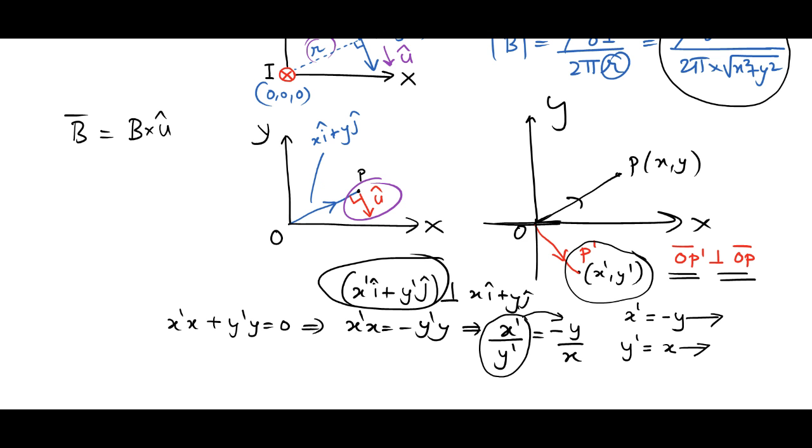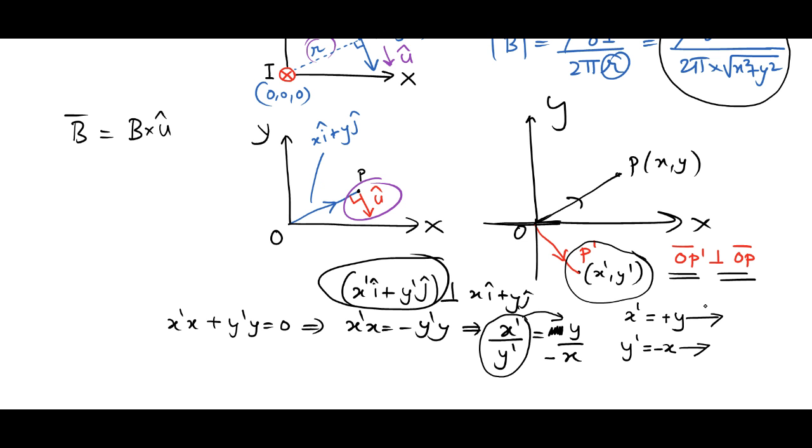So maybe I've gone wrong somewhere in the sign. Now let's see. Instead of writing this equation, the right hand side as minus y upon x, I could have written it as y upon minus x. There's no difference, and in that case my tentative answer for x dash would become y, and similarly my answer for y dash would be minus x.